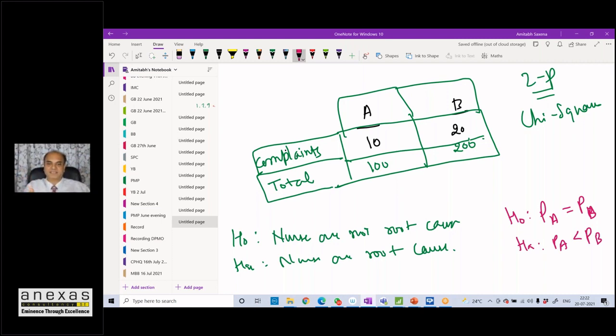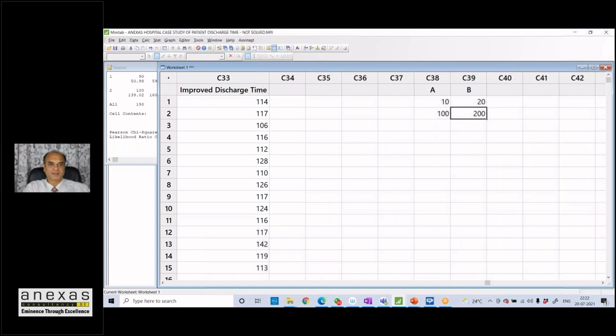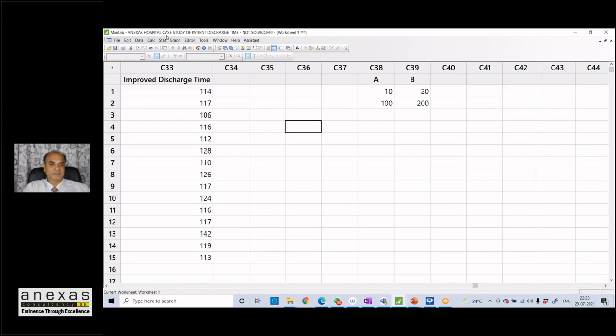Looking at this data, the p-value will be high or low? Can you tell me? I can predict the p-value also.